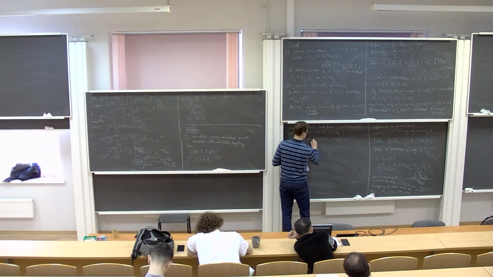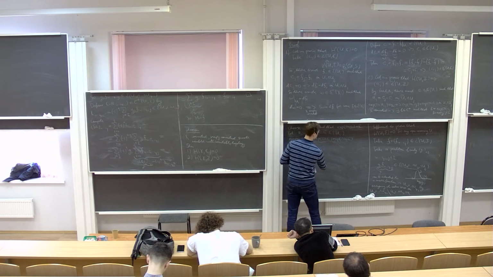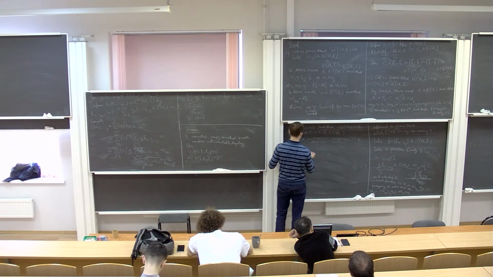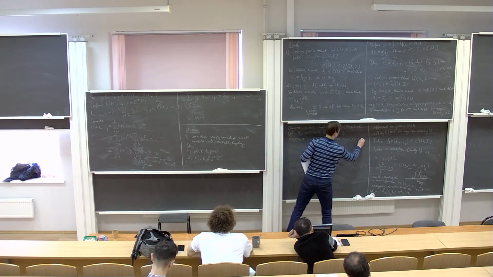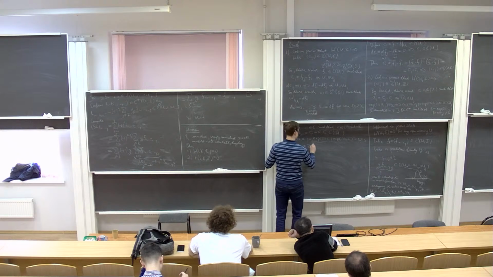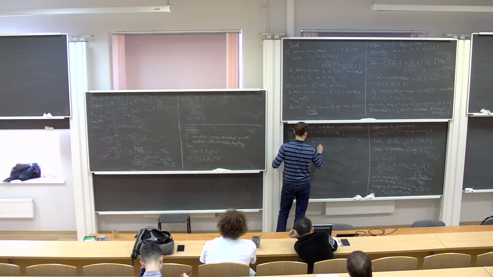But this is equal to 1. So Ai is a Z-valued locally constant function.